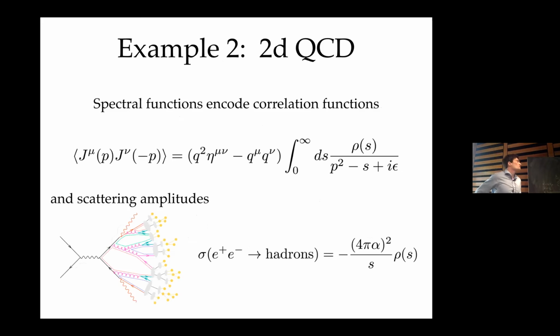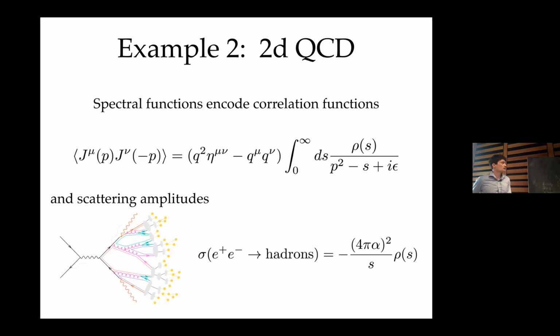All right, so spectral densities are useful. They encode things like correlation functions using the Källén-Lehmann spectral decomposition. They tell you what you would see when you probe the system with that probe.